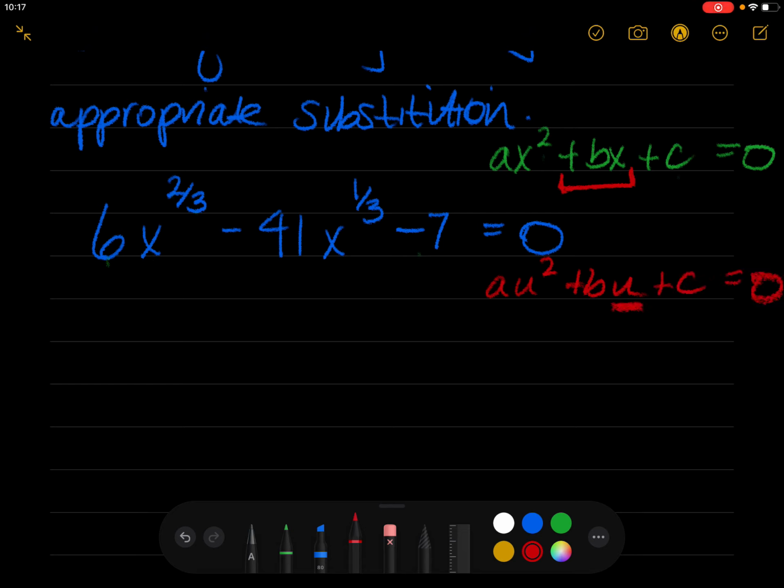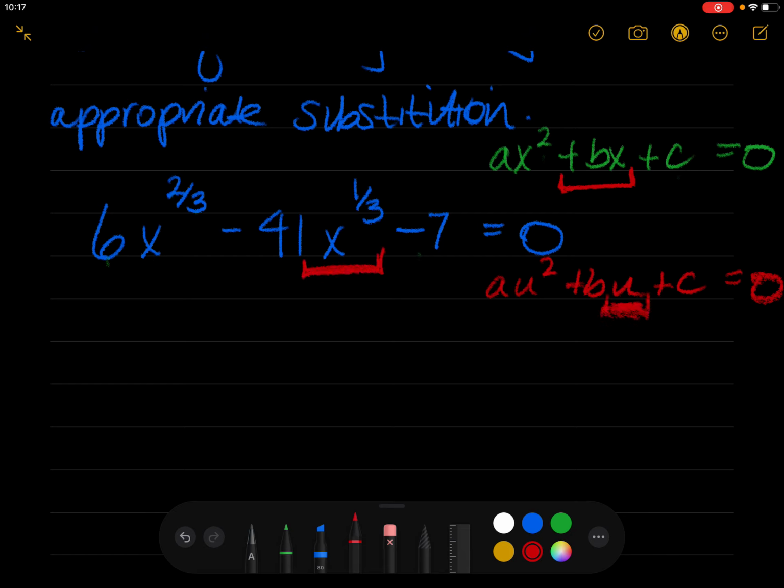If we're trying to figure out what to plug in for u, we're going to look right here at this second term. That's really going to drive it for the hidden quadratics. So if we say, for instance, let u equal x to the 1/3.